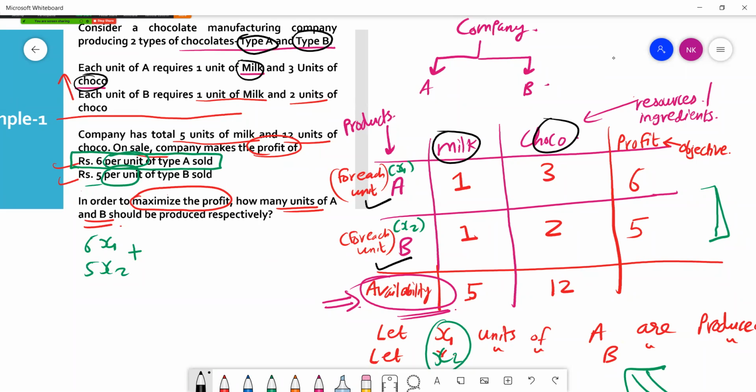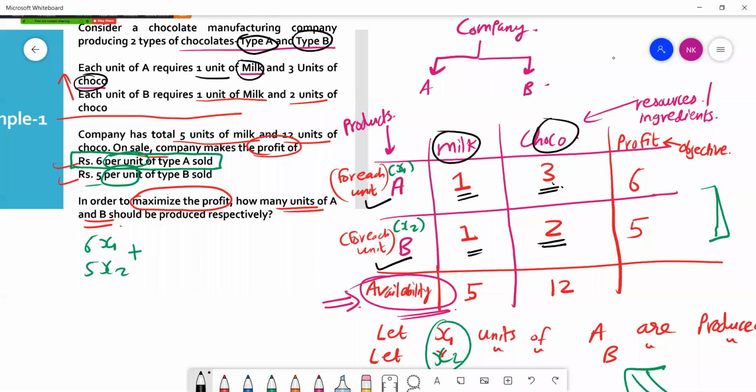We have simply noted down the data: 1 unit of milk and 3 units of choco for type A. For a unit of B, we have 1 unit of milk and 2 units of choco.